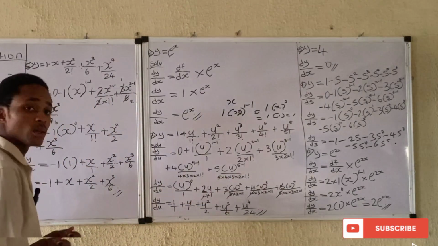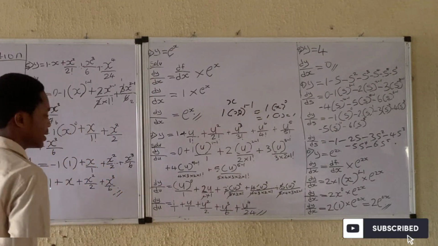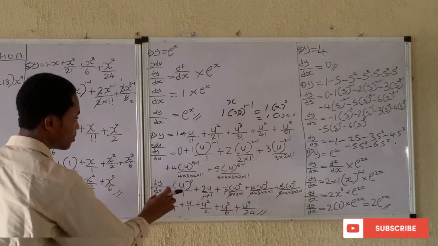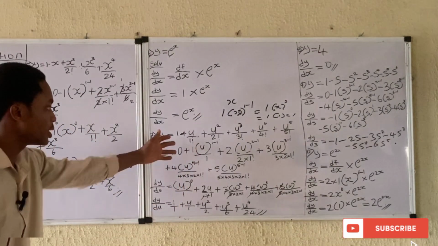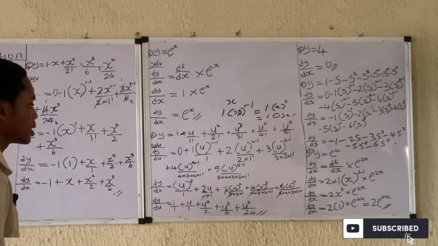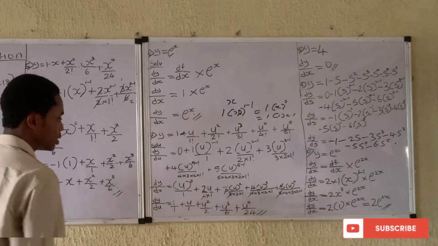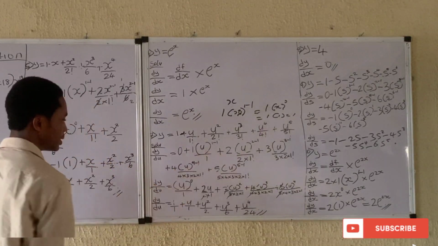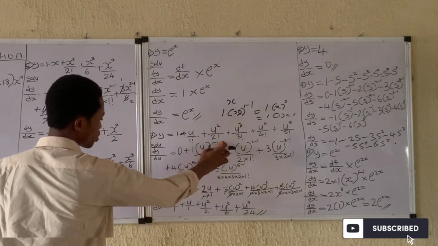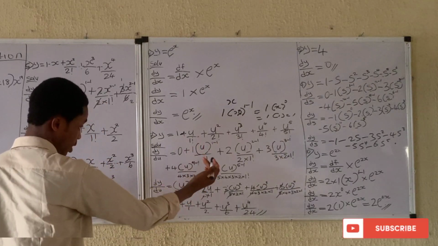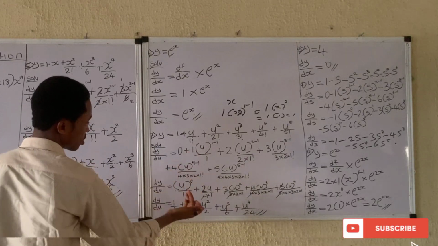Now, to continue with our problem, dy/du equals... if you take a close look at this one, the 0 is already gone because the derivative of a constant is always 0. We now pay attention to the rest apart from the 0. Now we start from this one. u, 1 minus 1 is 0, right? u raised to the power 0 all over 1. So 1 times u is also known as u.